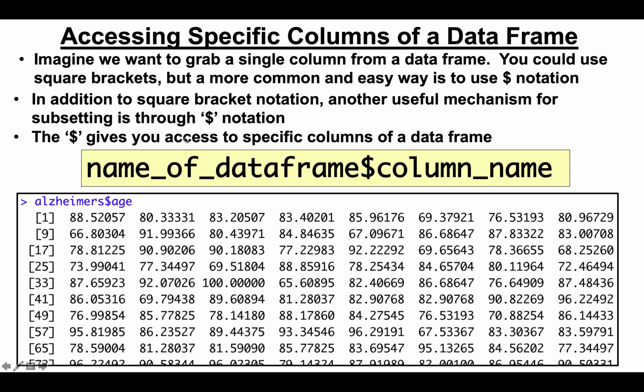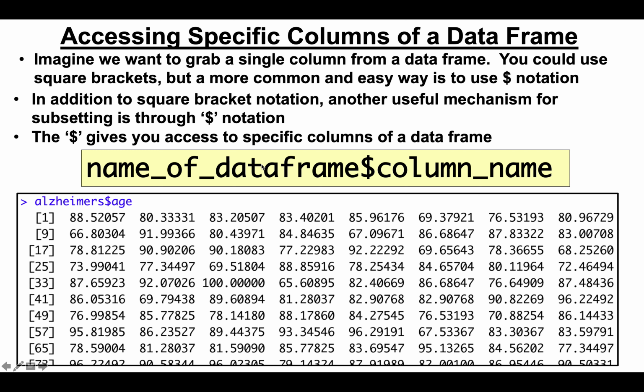Once you have a data frame in your environment, you can type the name of that data frame, and then the $ symbol, and then the name of the column that you want to extract from that data frame. So you can access any column, any variable of a data frame by using this $ notation.